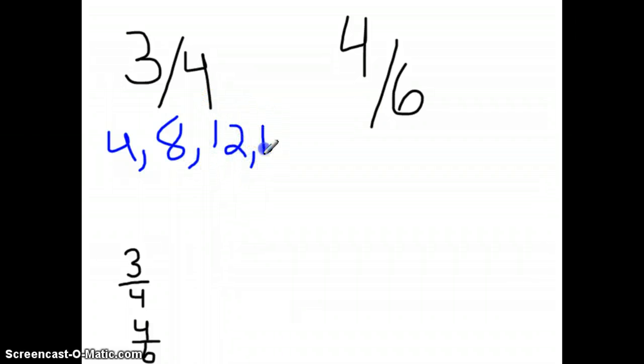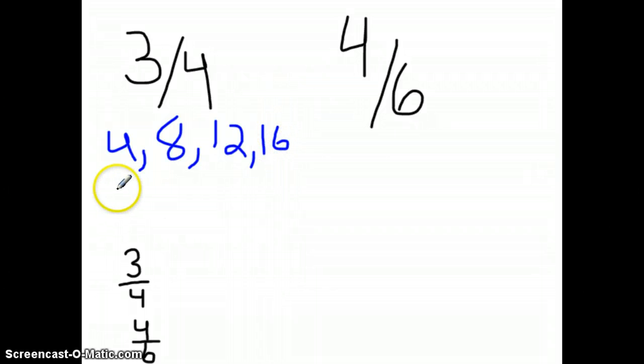Okay, now I want to find the bigger fraction between 3/4 and 4/6. So I want to see which one's greater here. To do that, let's go ahead and change them so they have the least common denominator. So we got to find what these numbers will have in common. We got to find their least common multiple. So let's count a few. With the 4's, we got 4, 8, 12, 16.